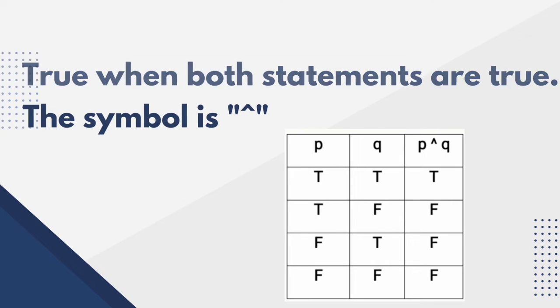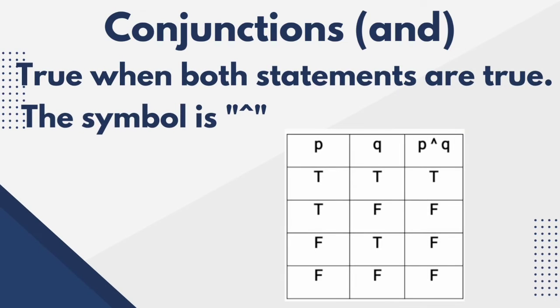If P is true and Q is false, then it means what? The statement is false. If P is false and Q is true, then the statement is false. And if P is false and Q is also false, then the statement is false. So this is conjunction.